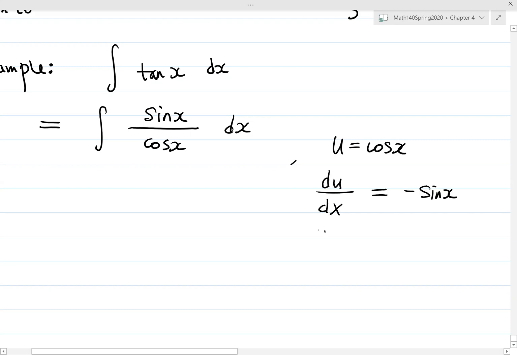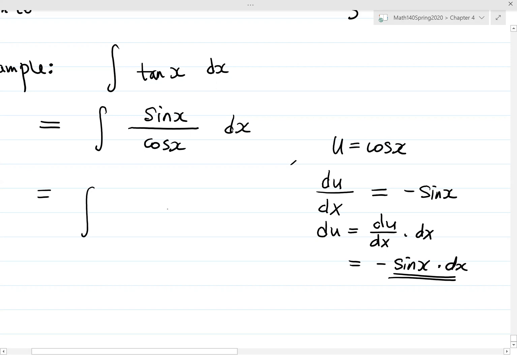Now du will be du over dx times dx. This will be negative sine x times dx. You see, exactly we have sine x dx. So we can write this as sine x times dx over cosine x.